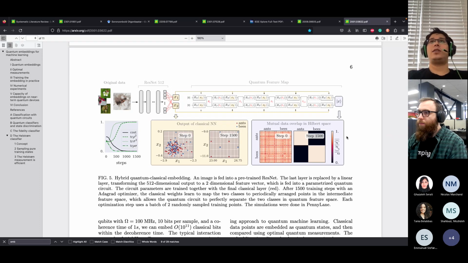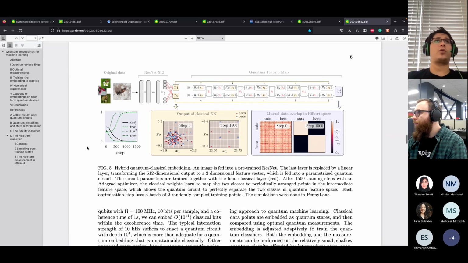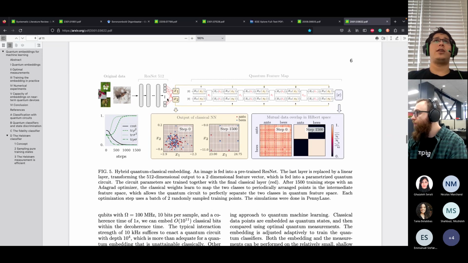So again, this is one of the approaches to do it. This can be explored with higher dimensional circuits. That's one thing I've wanted to try for a while, to be honest: to put a big neural network and a big quantum circuit, because in this case you can see there's a pretty huge neural net and a very, very small quantum circuit.